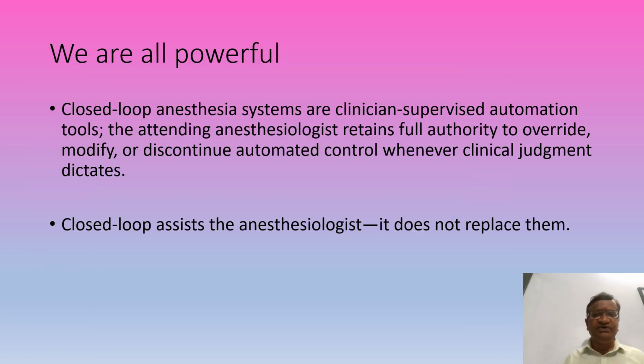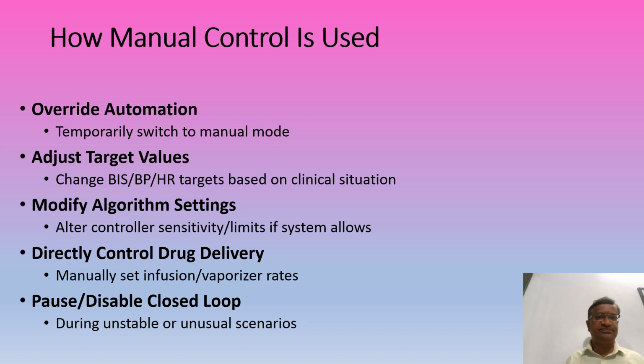We are all powerful clinician-supervised automation tools. Here we have retained the full authority to override, modify, discontinue. Closed loops assist us, but do not replace us. How about manual control? You can override, switch to manual. You can change the target values, blood pressure, heart rate.